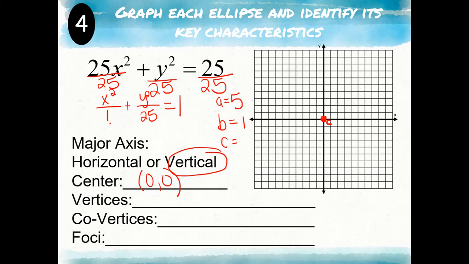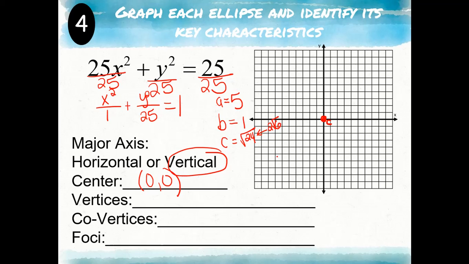So 25 minus 1, that's 24. So c would be the square root of 24, or 2 square roots of 6. Correct? That would also be 24.